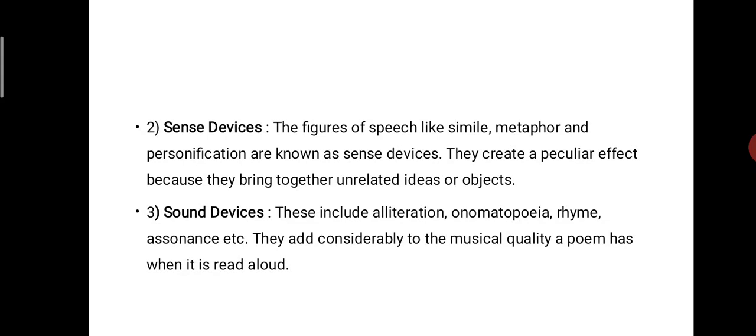If we take the example of rhythm, there is much similarity between poetry and music. So, when the poem is read aloud, we can hear a definite sound pattern in the lines of a poem. It is called rhythm and it is the most striking of all sound devices.